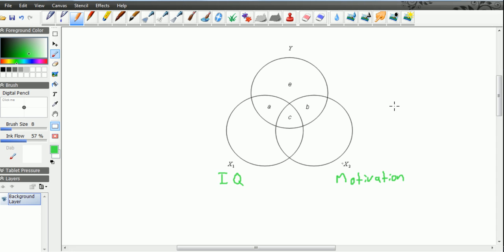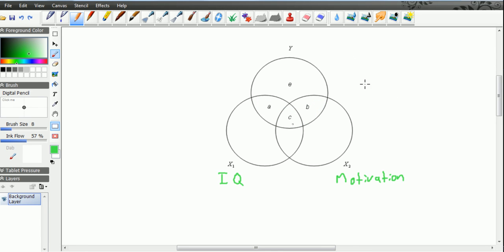All right. So R squared we could think of as being basically A, B, and C, right? A, B, and C is R squared. That's the proportion of the variance in Y that's being explained by these two predictors collectively.